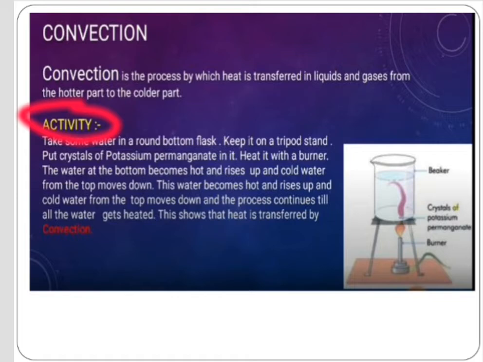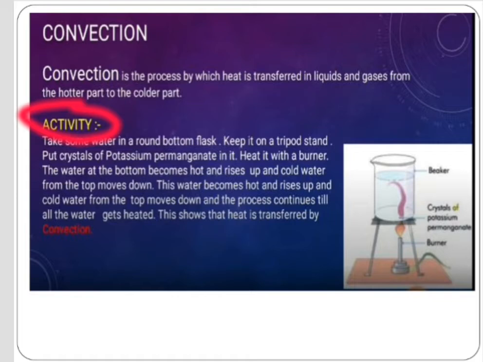This water becomes hot and rises up, and cold water from the top moves down, and the process continues till all the water gets heated. This shows that heat is transferred by convection.